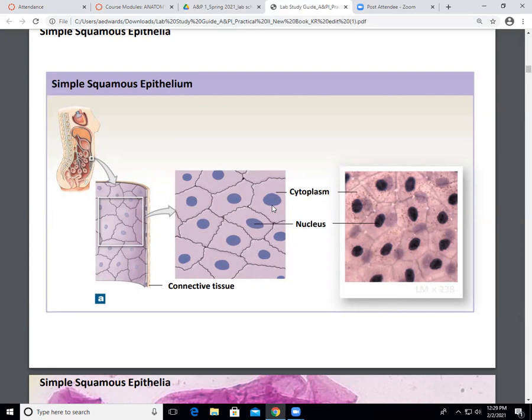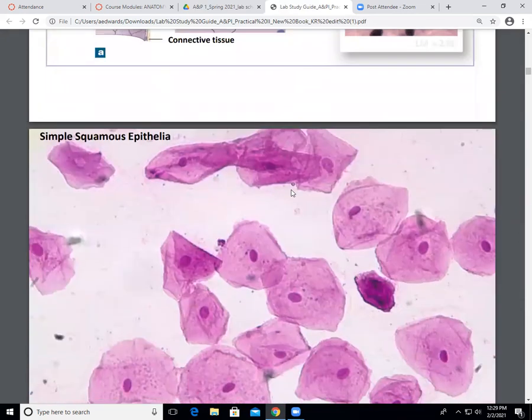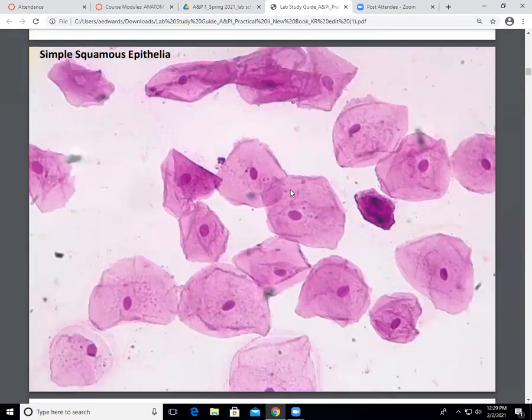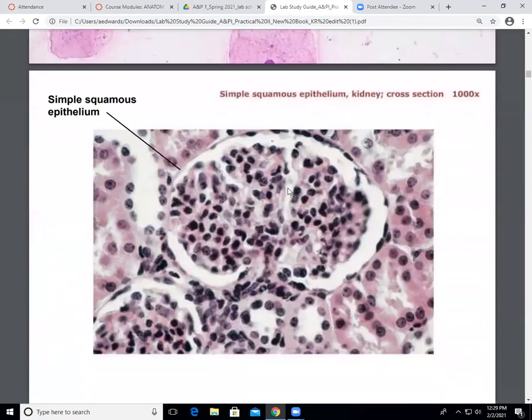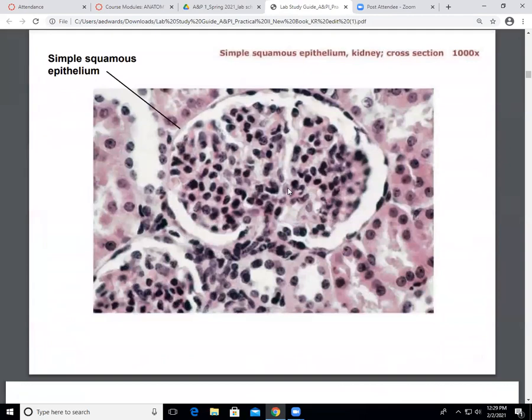These are also simple squamous. Again, fried egg, irregular shape, right? So if you see cells that look like fried eggs, it's simple squamous. Okay, another view of simple squamous epithelium. And again, we're just looking at the lining, okay?